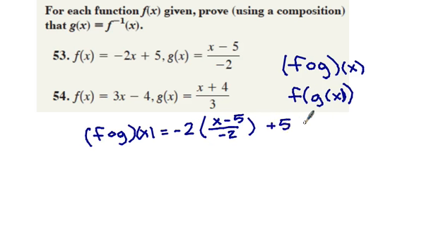And what we're expecting, if this is truly an inverse, is that this composition brings us back to the line y equals x. Okay? So negative 2 times the quantity x minus 5 divided by negative 2 will give us x minus 5 plus 5. And so we see, yes, in this case, f of g of x equals x. And this is, in fact, the true inverse.